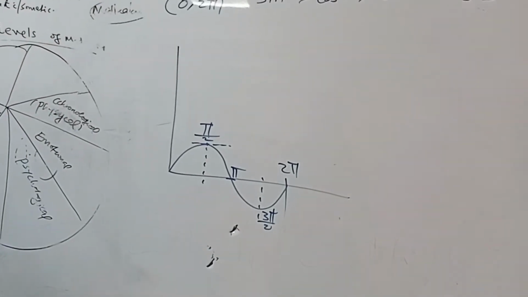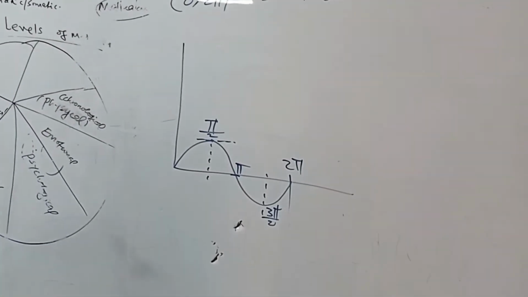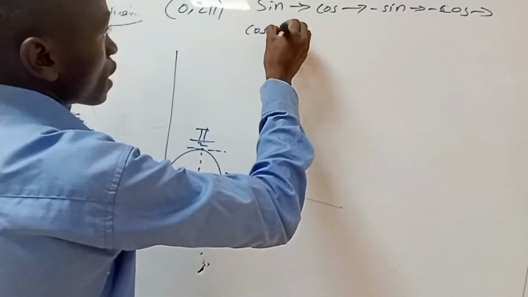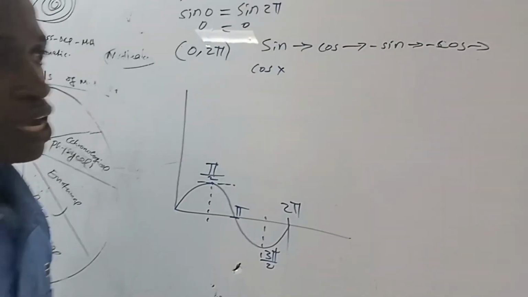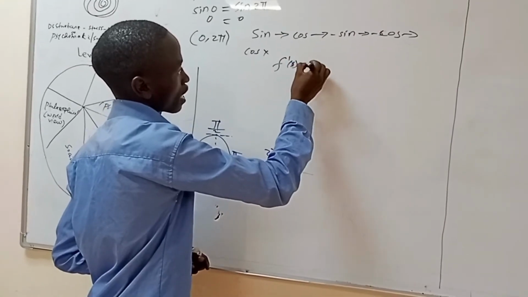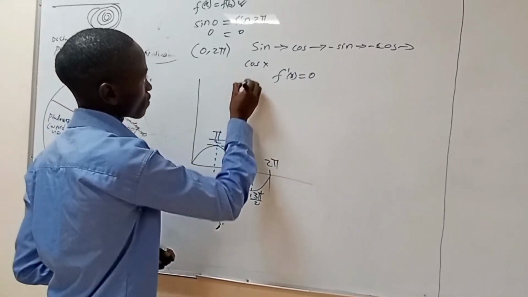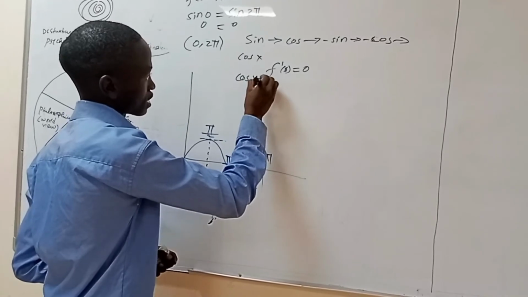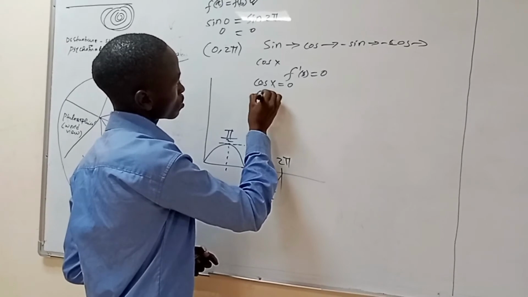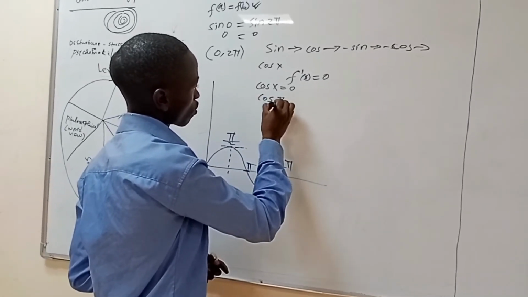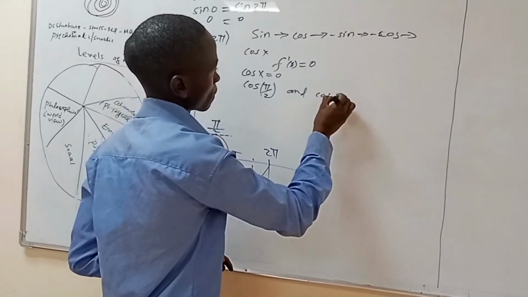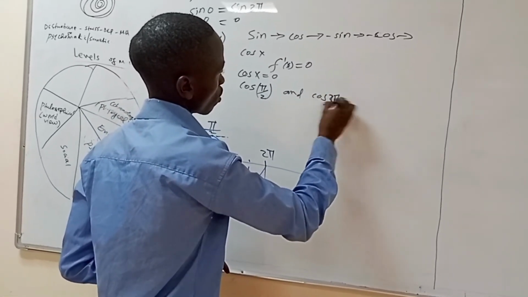So once again, when it is like this, let's check. If you differentiate sine, you are getting cos x. But we said the derivative of our function of x should be equal to 0. So what is the value of x for which cos x gives us 0? You are able to see that it is cos of pi over 2 and cos of 3 pi over 2.